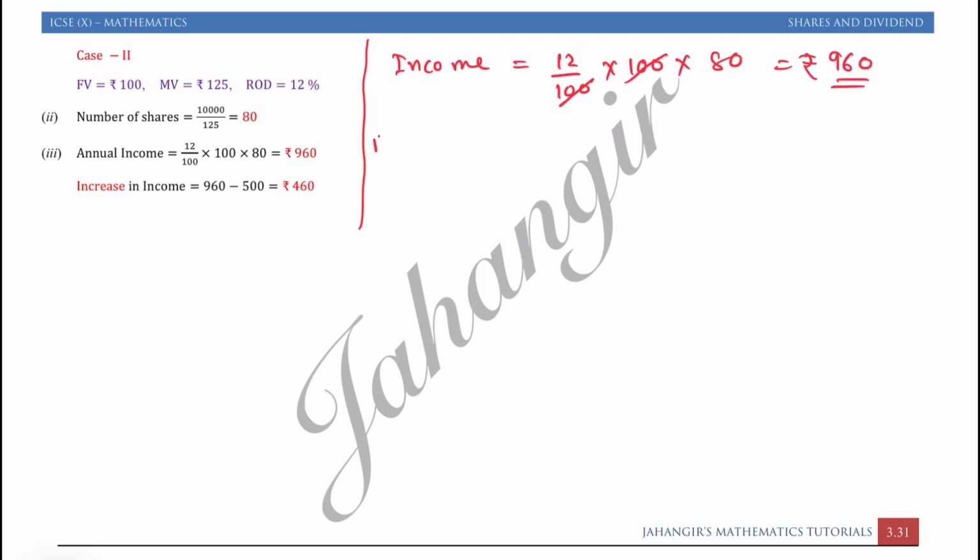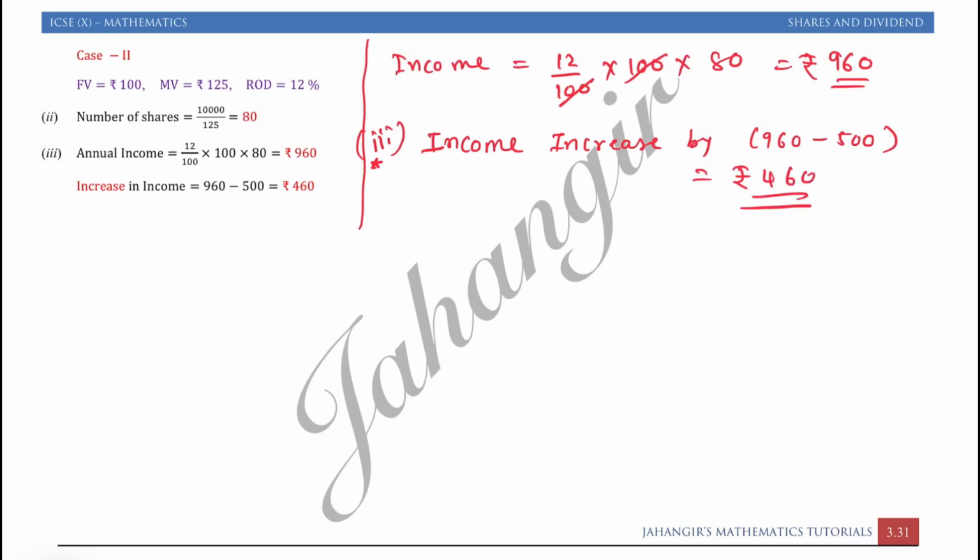So therefore in the third part we will write increase in income, because in the first part income was 500 rupees and in the second part income is 960. So our income increases by, you have to mention whether it's increasing or decreasing, otherwise you will lose your marks for this question. Income increases by 960 minus 500, that is equal to rupees 460. So our income increases by 460 rupees.